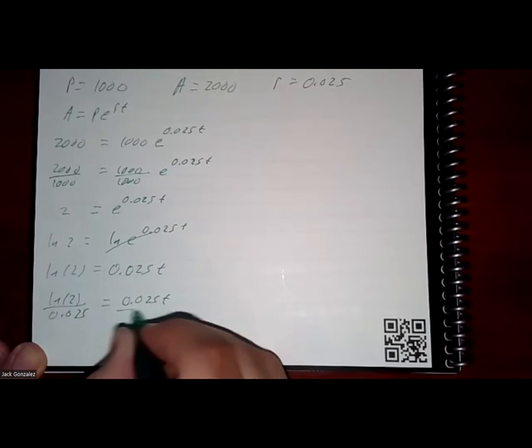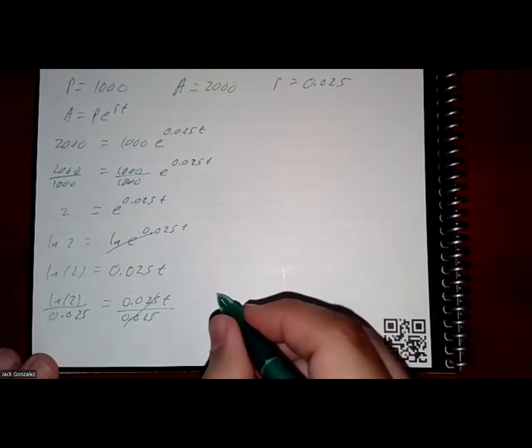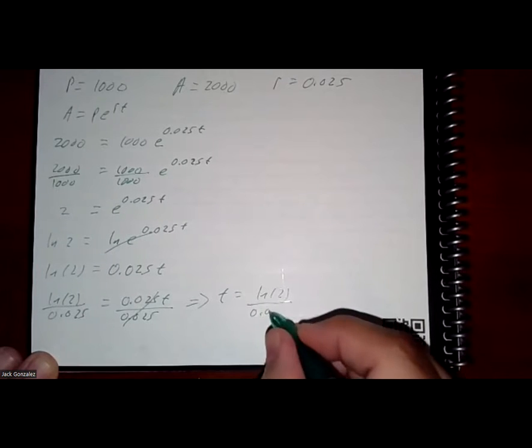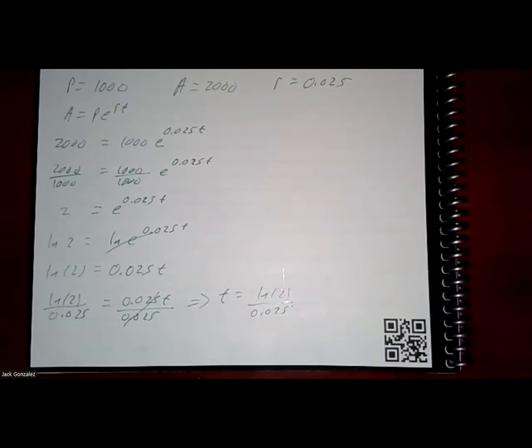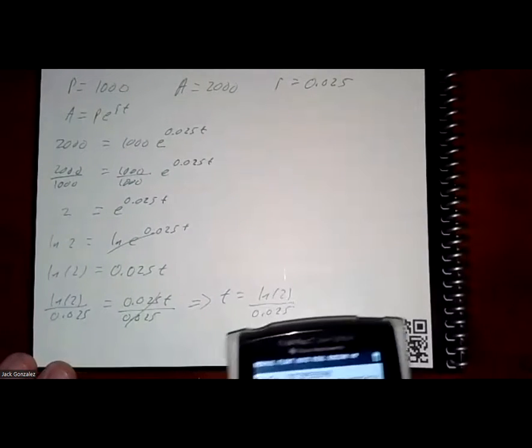So t will be equal to this. This is how long it takes to double your money at this rate using a continuously compounded interest rate.